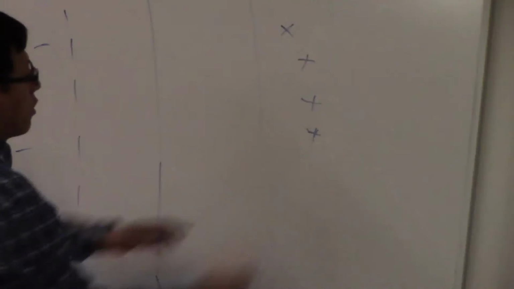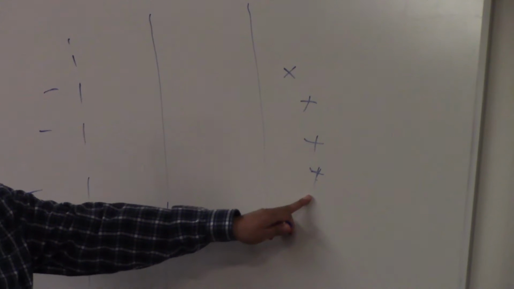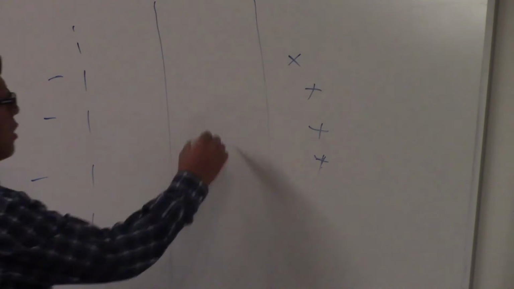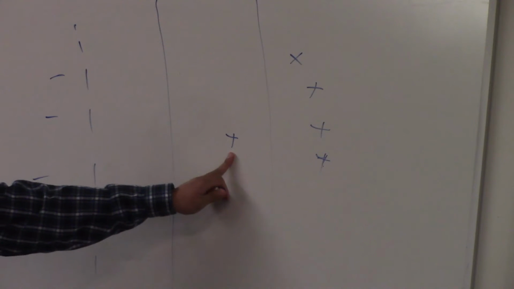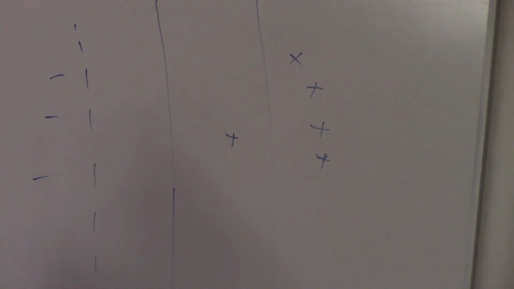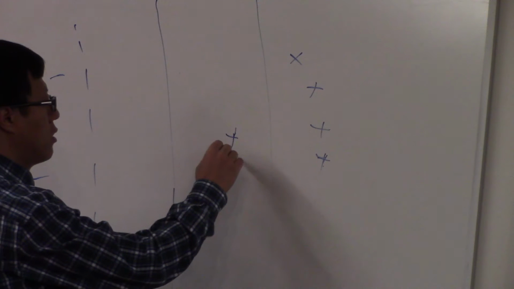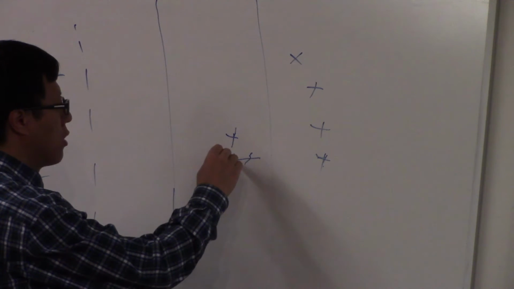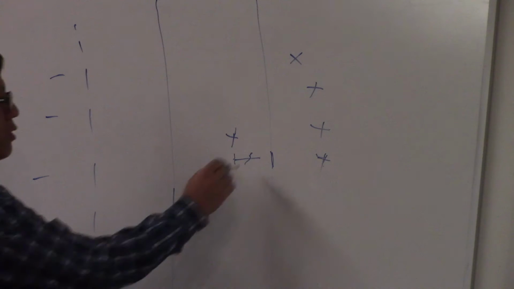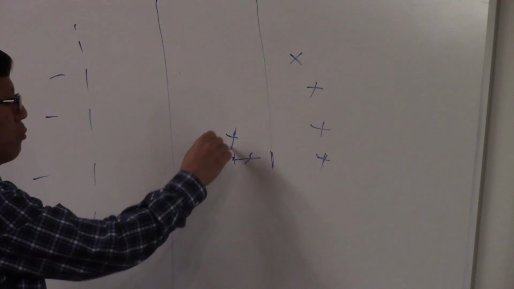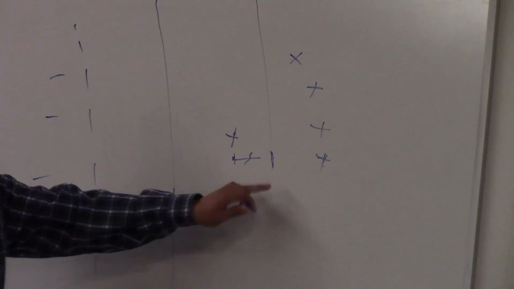For these data points that are outside the margin, we don't need Xi. Xi is 0, just like the hard SVM case. But if the data point is labeled correctly but within the margin, then we need a Xi here. So the Xi is actually the distance from the data point to the margin plane.